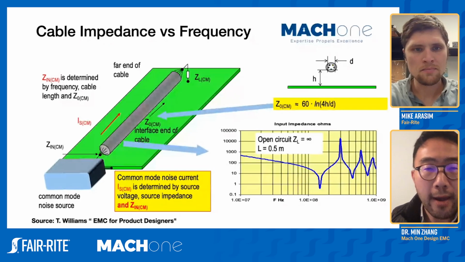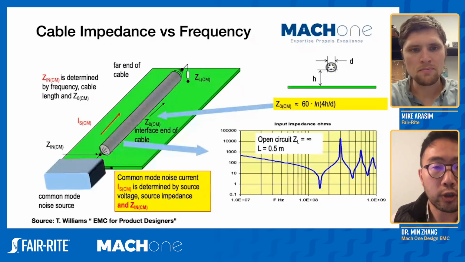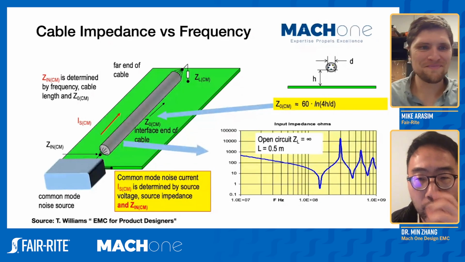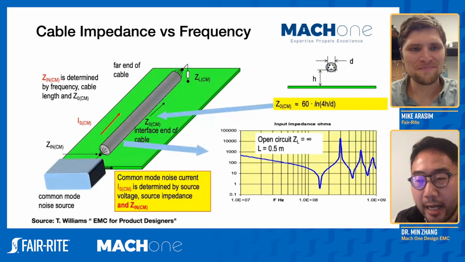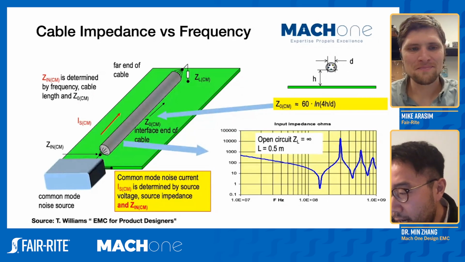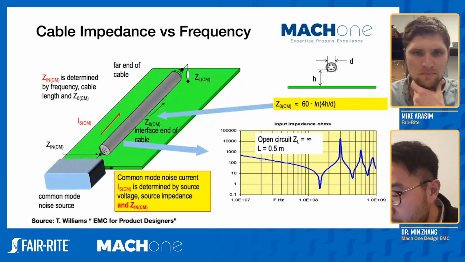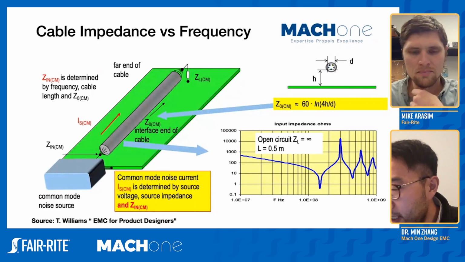So where shall we put the ferrites? That's often the question we get asked. Now, on top of that, there's another issue, which is the voltage standing wave, right? Here I have this curve again, showing you the input impedance against frequency, and you can see this is showing the resonance behavior of a cable which is 0.5 meter long, and this impedance is calculated with an open circuit ZL.